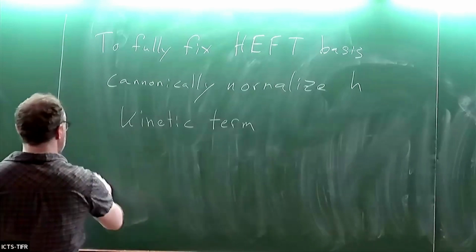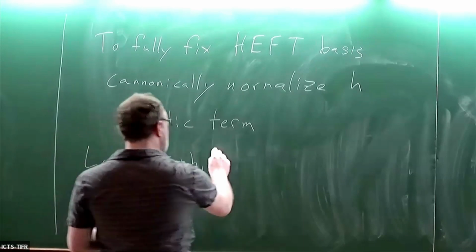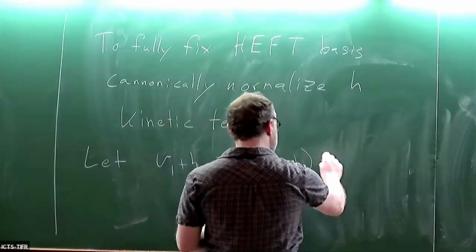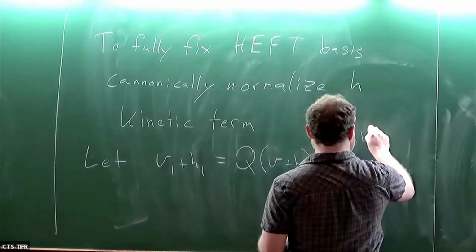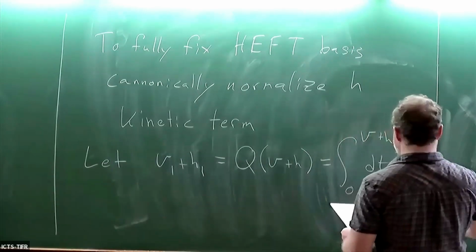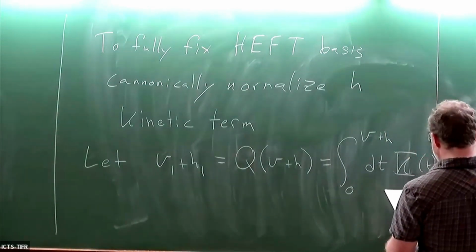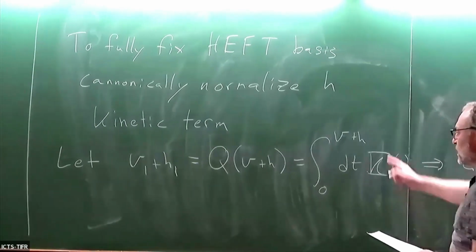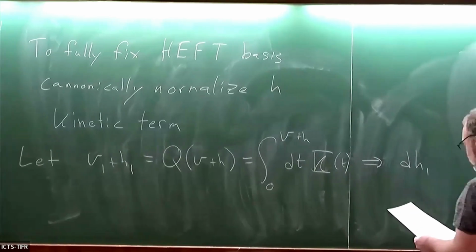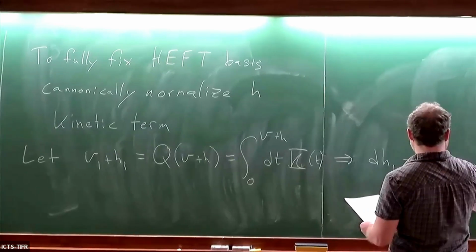So we let v1 plus h1 equal some function q of v plus h, which is given by the integral from 0 to v plus h of dt k of t, where t is just some integration variable. And the reason this is useful, this way of writing the field redefinition that we're going to use to fix the basis, is then we have the relation dh1 equals k dh.